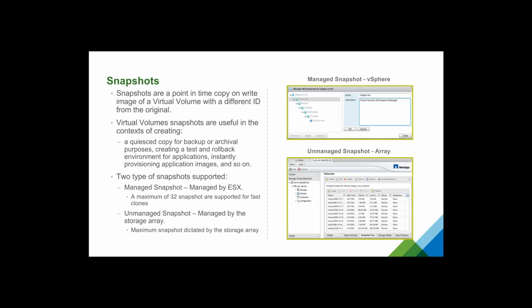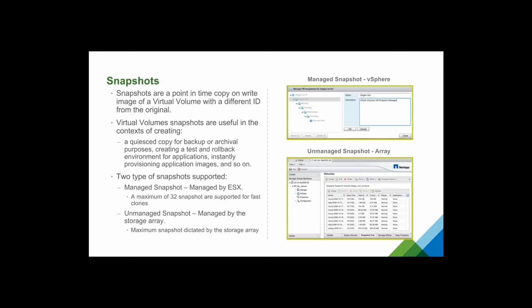VMware is very big on making the distinction that there are two different types of snapshots with vVols. There are managed snapshots, which you do through vCenter or ESX, where vCenter tells the storage array to create a snapshot, and in this case VMware will know that there's that snapshot that exists on the storage array.